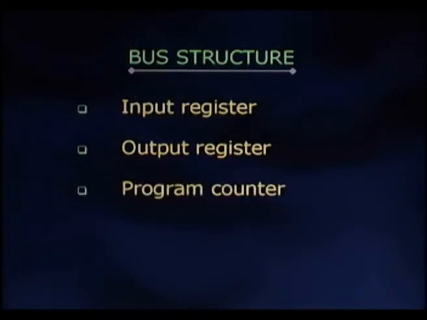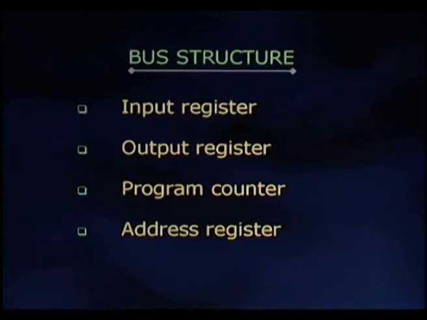The next register is the program counter. Program counter is a shift register used to store the address of the next instruction to be fetched and, of course, executed later. It will have the facilities to clear the register to 0, to increment the register contents and to load the register from some other source.